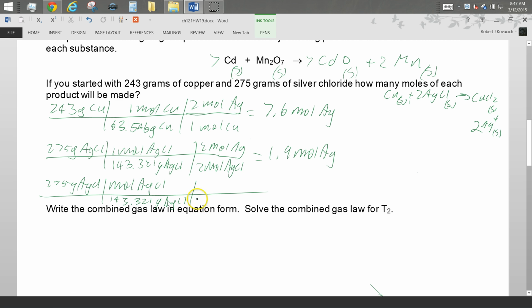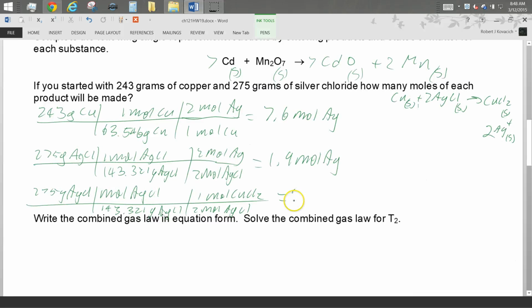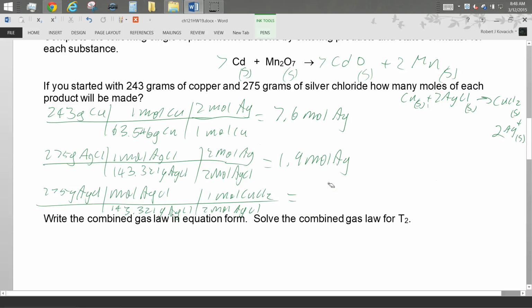And then for every 2 moles of silver chloride, it's 1 mole of copper 2 chloride. Well, I just need to divide by 2, right? My last answer. Yep. That gives us 0.96.